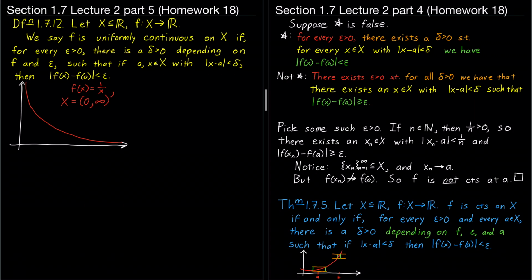Then you'll notice that as we're getting closer to 0, we're getting very, very steep. So our delta windows are getting, in fact, arbitrarily narrow. So you pick an epsilon, you can find a point where it fails. Here's an even more restrictive definition.